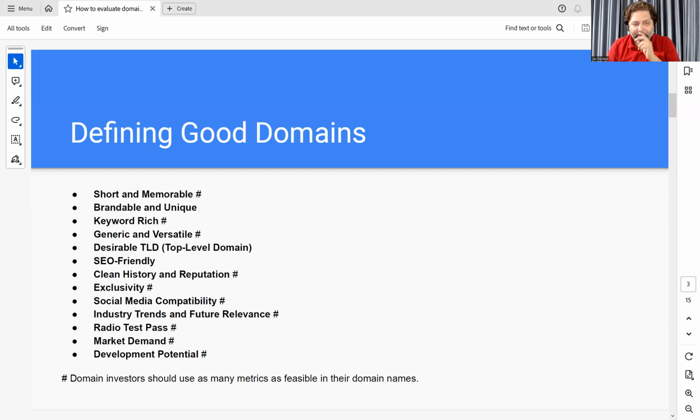Industry trends and future relevance. You should also catch industry trends, and that domain should have future relevance. Suppose when the crypto trend was not there, if you would have booked a crypto-related domain just by speculating that the crypto trend would become big in future, then it could have changed the game.